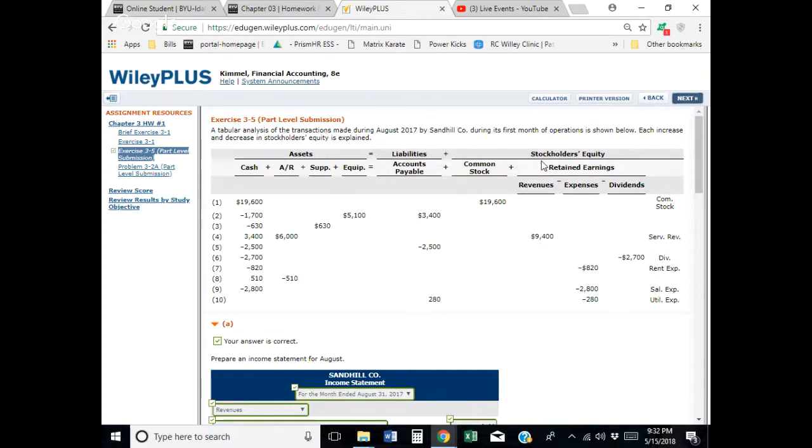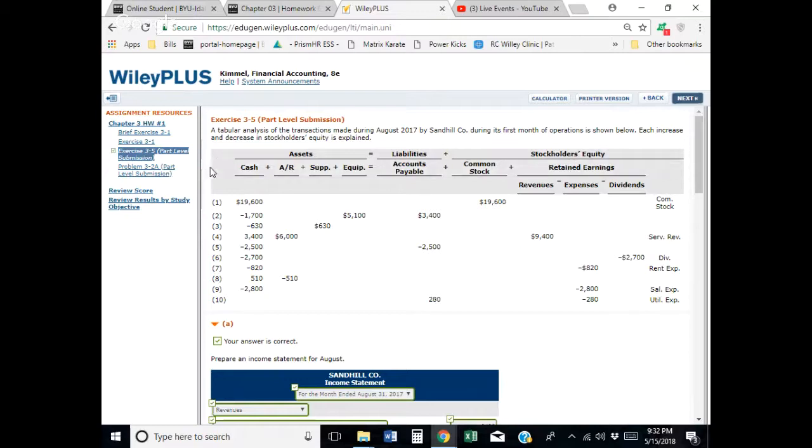Then stockholders' equity is common stock plus retained earnings. Retained earnings are further broken up into revenues minus expenses minus dividends. So for our expanded accounting equation, we have cash plus accounts receivable plus supplies plus equipment equals accounts payable plus common stock plus revenues minus expenses minus dividends.